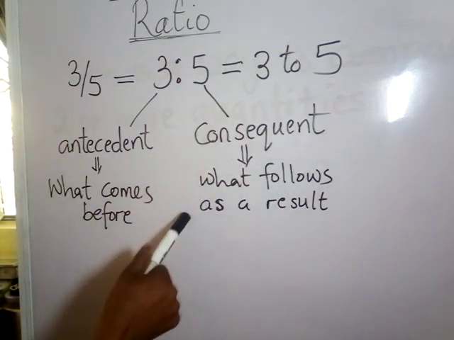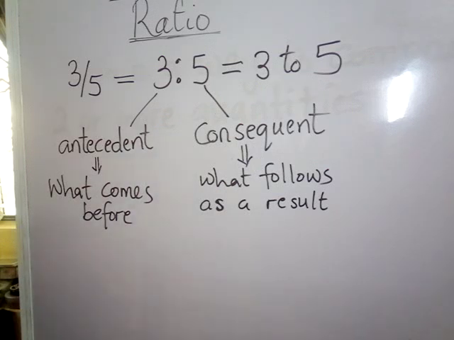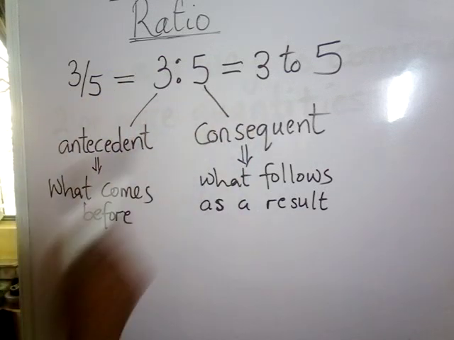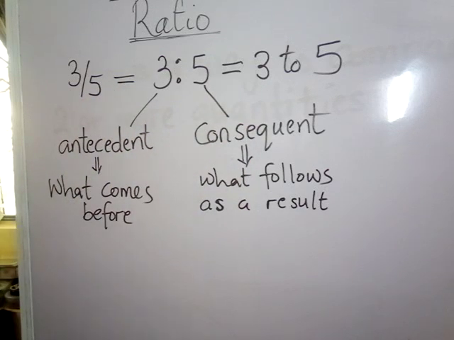Consequent means what follows as a result. I want you to see the names they are called: the first one is the antecedent, and the one that follows is the consequent.